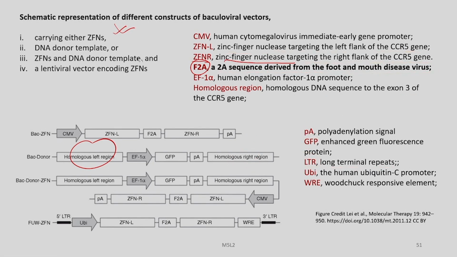So, to sum up briefly, we can have various constructs of baculovirus where we carry the ZFN right and ZFN left sequences, with intervening F2A foot and mouth disease 2A sequences, and we know that this is being done to ensure that both the ZFN molecules are delivered together and expressed together to carry out efficient double strand breaks and the targeted mutagenesis.